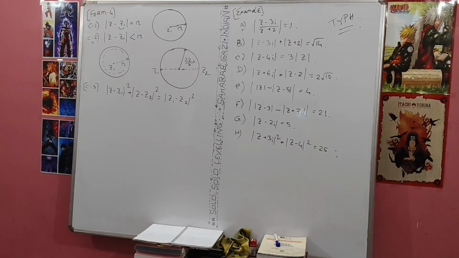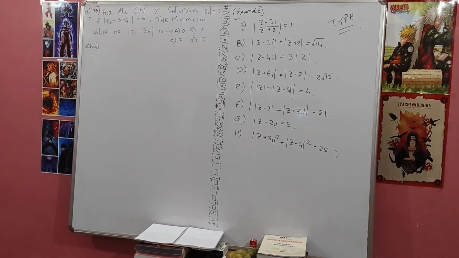Second one is B: mod of z minus 3i plus mod of z plus 2. Okay, so question number 39 is: for all complex numbers z satisfying the first equation, that is mod of z1 is equal to 12, and the second equation, mod of z2 minus 3 minus 4i is equal to 5, you have to find the minimum value of |z1 minus z2|. z1 and z2 ka minimum distance aapko find karna hai.